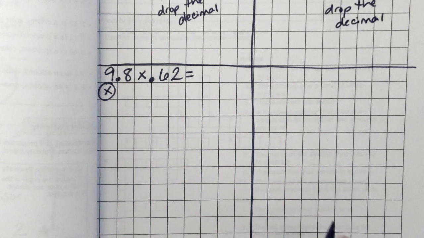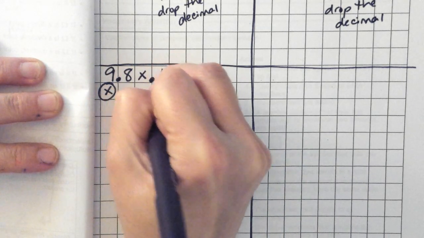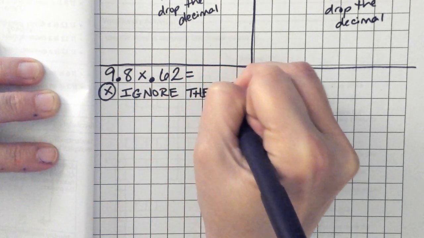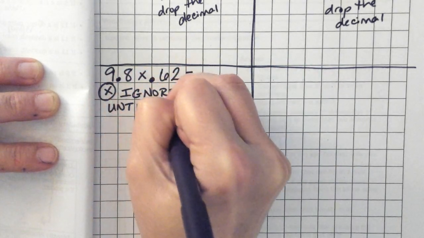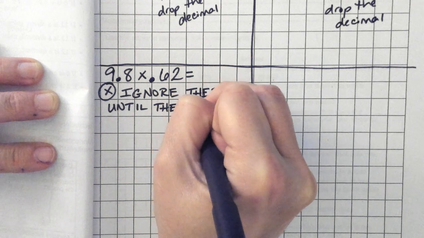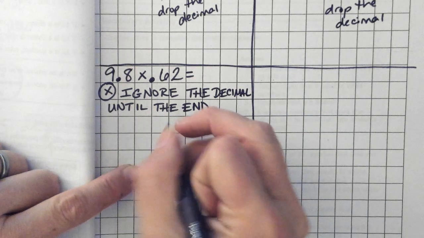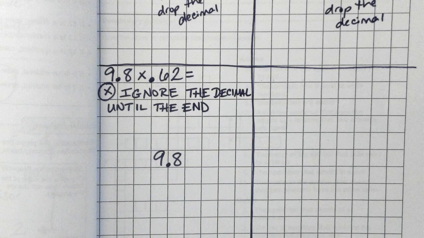And I've taught it before where I say you line up the digits, but I think the way I want to explain it today is just ignore the decimal until the end. Okay? So we're going to write this like we would write it if it was 98 times 62. We're just going to ignore the decimal until the end. And because I'm ignoring the decimal, I'm not going to bother giving it its own little box. Okay?